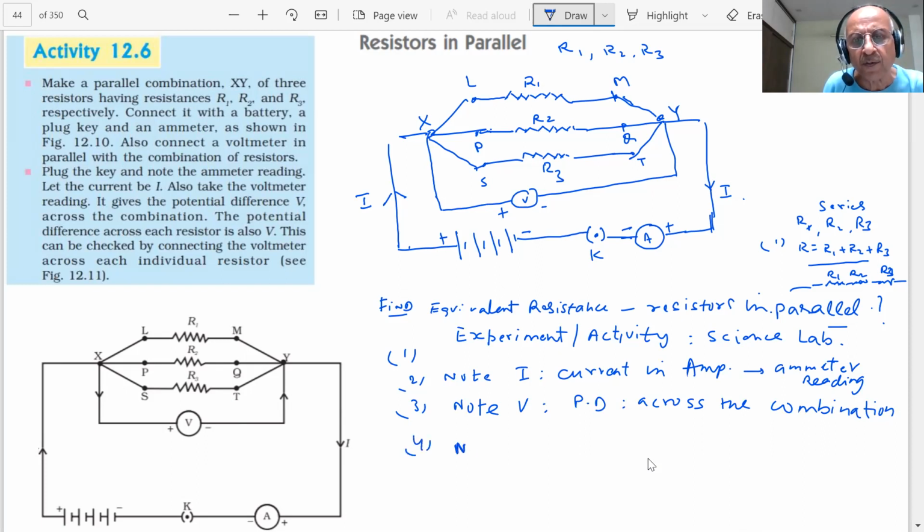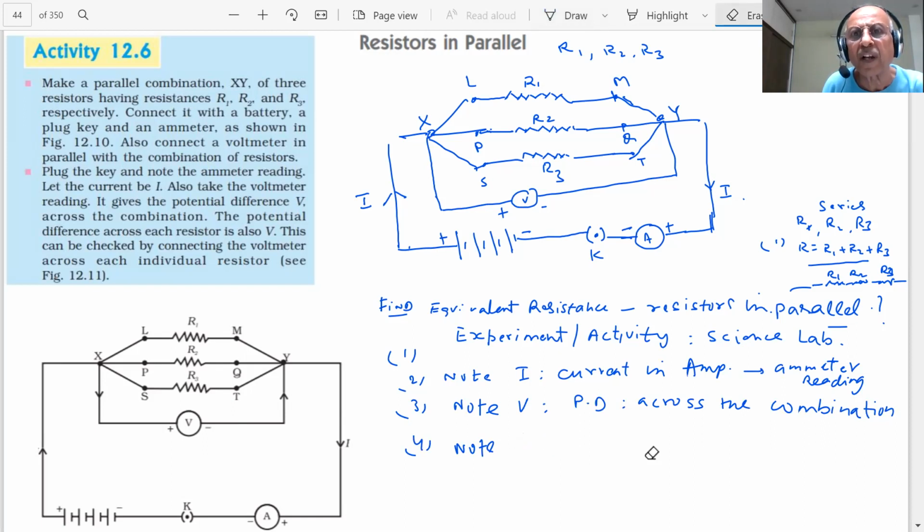Can I note individual, can I check the potential difference across each resistor? Note the potential difference.